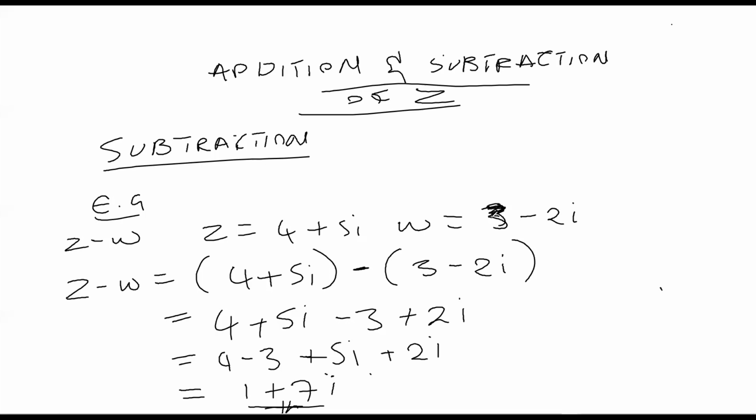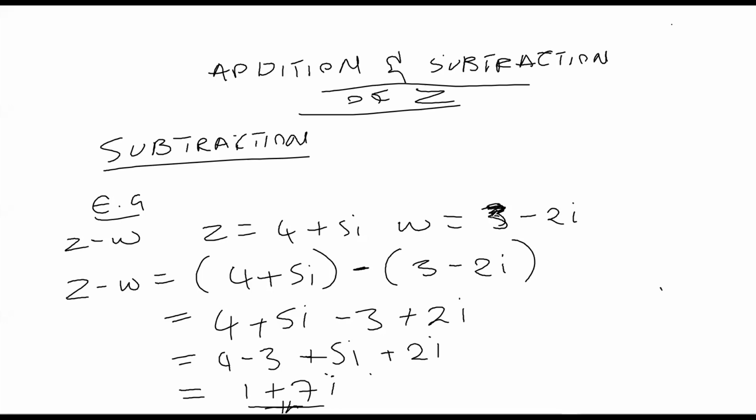All right. Okay. It's about the previous answer that you found, 1 plus 7i. Isn't it supposed to be 1 plus 3i, since we are subtracting? You mean the previous thing that I had here? Yes, this same one, 1 plus 7i. Isn't it supposed to be 1 plus 3i?